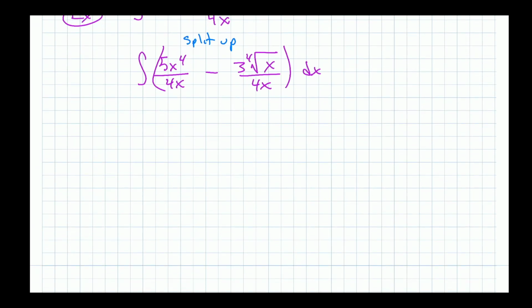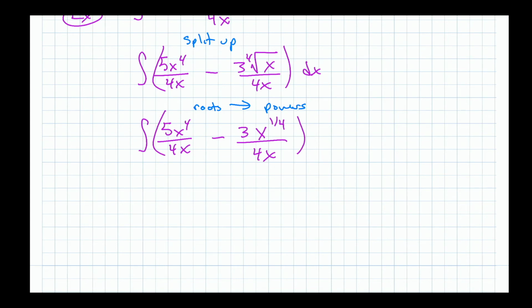Then, you know, roots have to be turned into powers. So let's do that. Hey, I changed the color, but it didn't change the color. I know I could just simplify this right now, but I'm not. I'm doing it all at once. So this is actually 3 x to the 1/4 over 4x, like that.